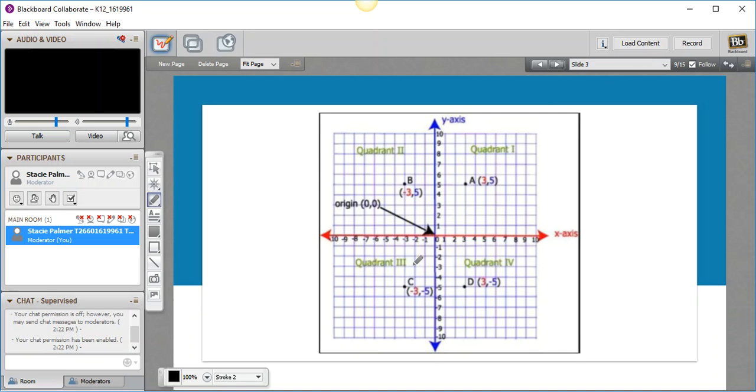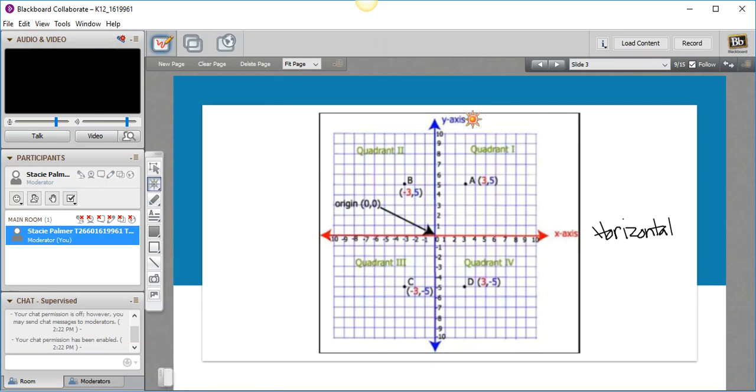So the x-axis, that's this one right here. It's the horizontal axis. It's the one that runs right and left, okay? From 0 moving to the right, the integers increase in value. From the 0 moving to the left, the integers decrease in value, okay? So the x-axis, that is the one that is horizontal.